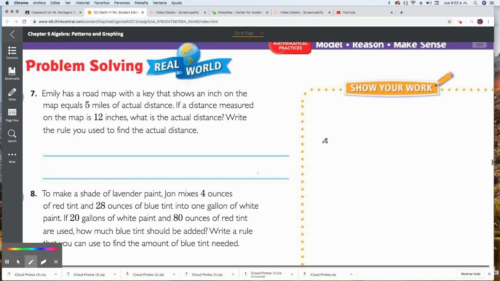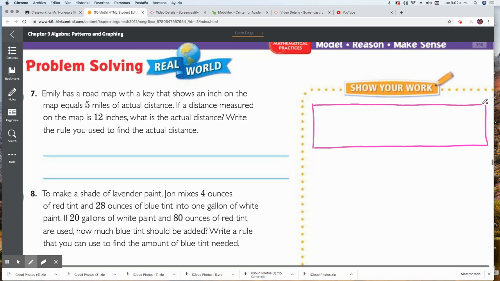Let's start by making a rectangle. We're going to compare the number of inches with the miles. So here I'm going to write inches.